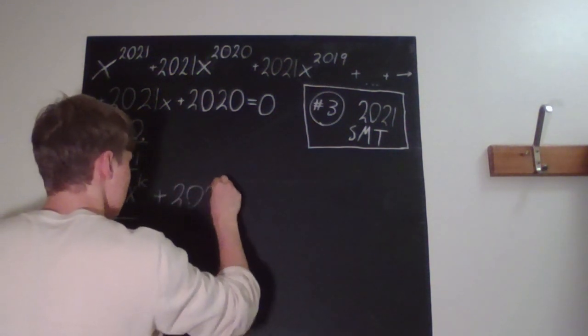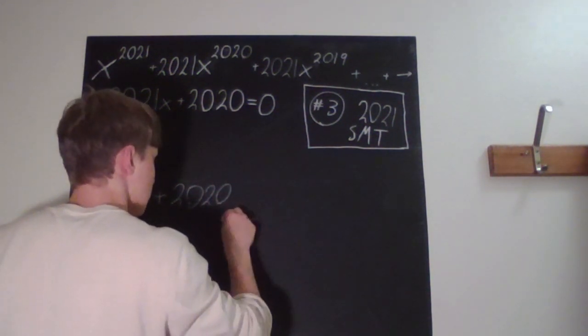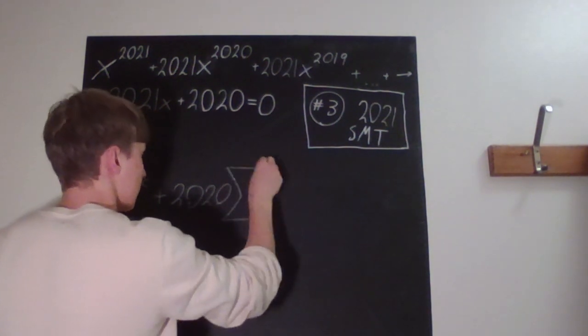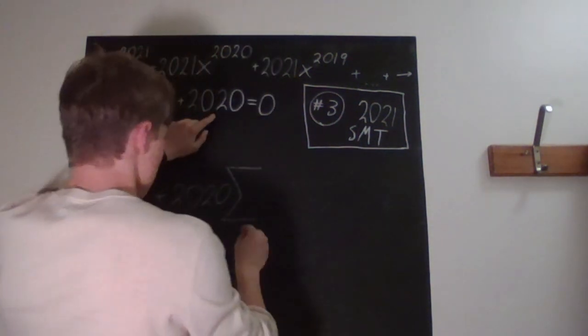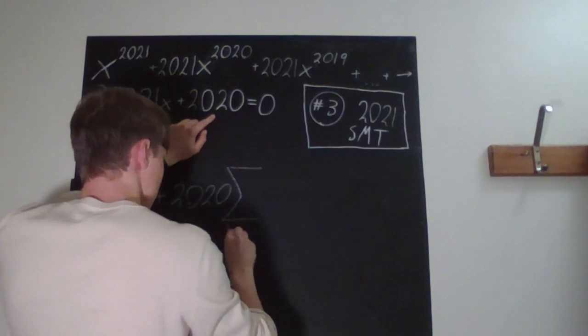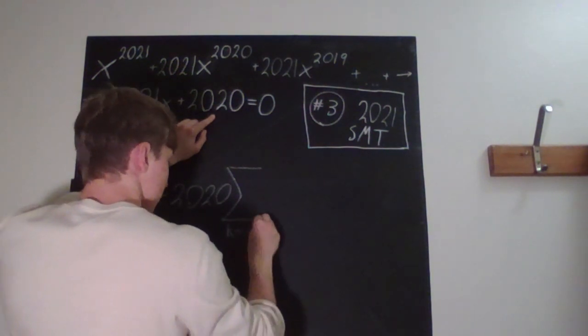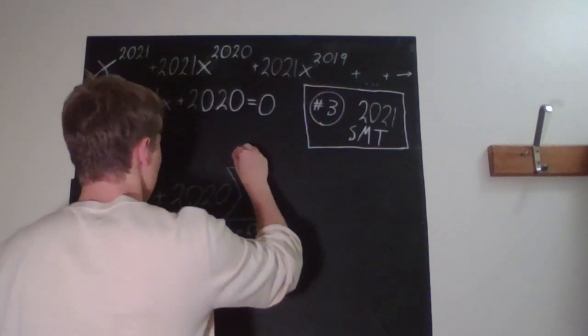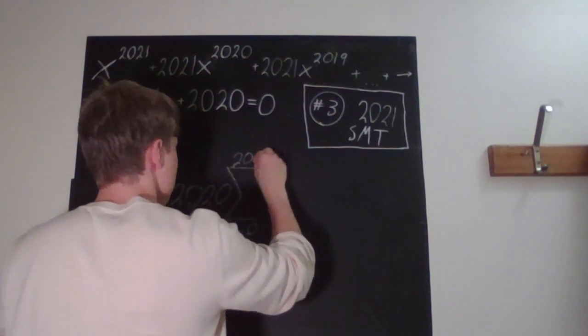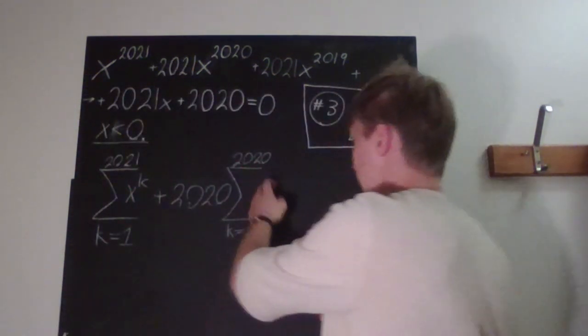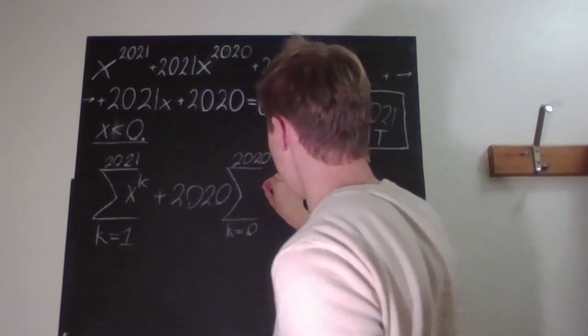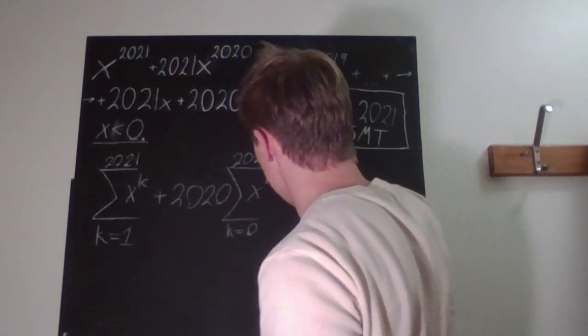So you have 2020 times the sum where the exponent ranges from 0 to 2020 of x to the power of k.